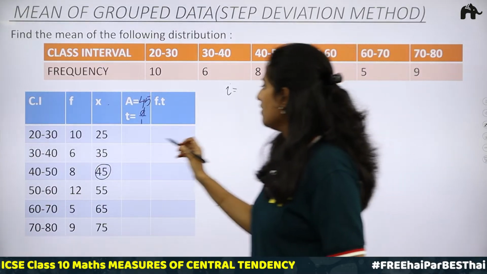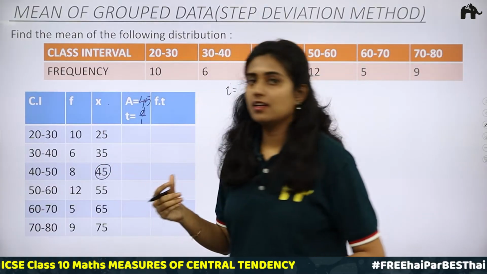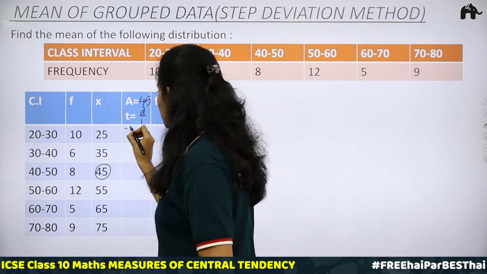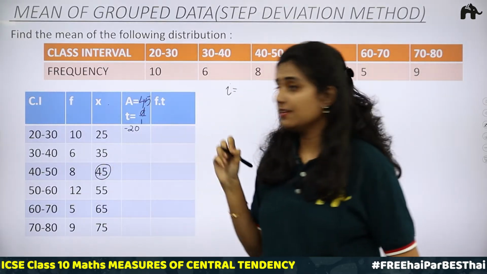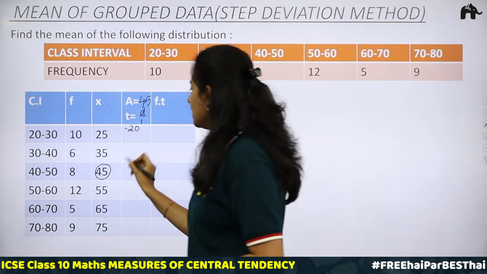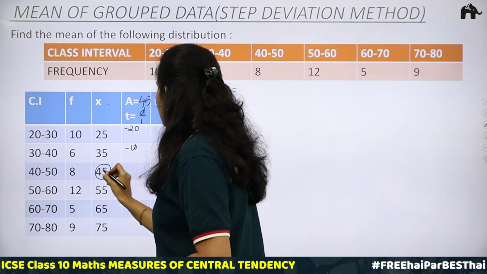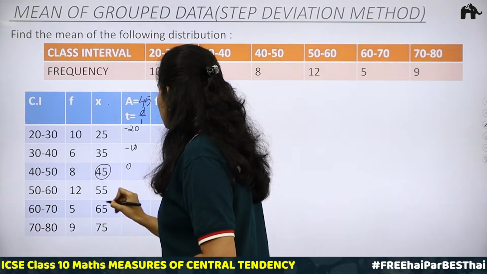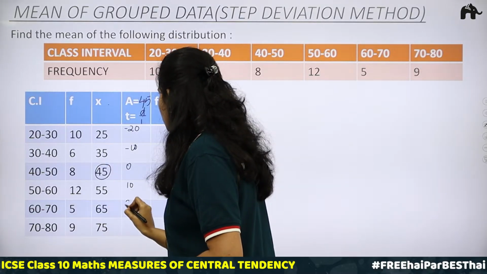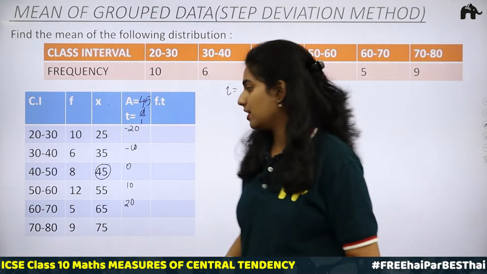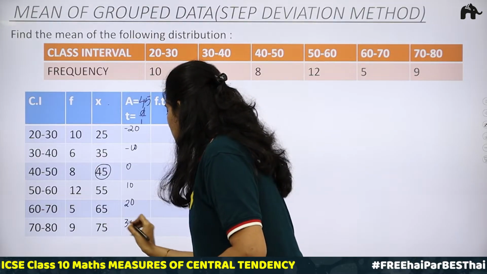So, d values: 25 minus 45 is minus 20, then 35 minus 45 is minus 10, then 45 minus 45 is 0, 55 minus 45 is 10, 65 minus 45 is 20, 75 minus 45 is 30. These are the d values.